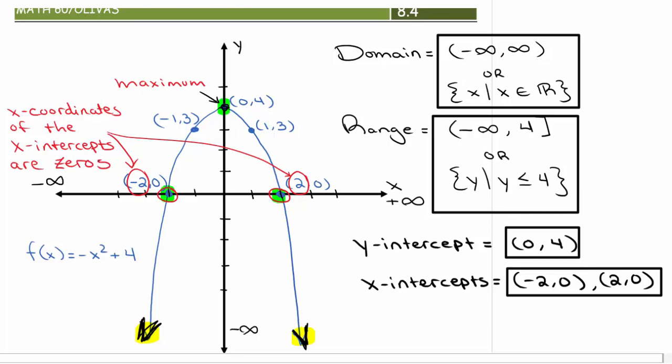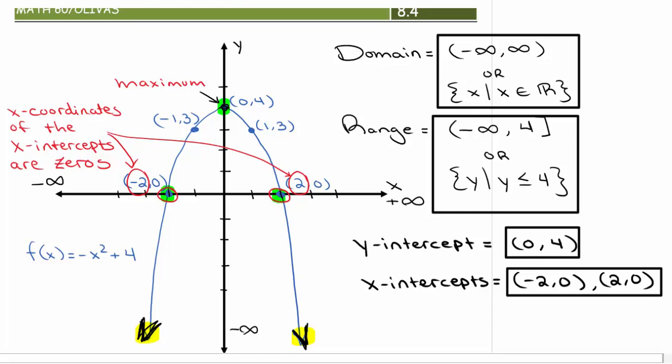Now I know that -2 and 2 aren't really 0, but what they do is they produce zeros when you substitute them into the function. That's why we call them zeros. A number doesn't have to be 0 to be a zero. It's a number that will make y equal 0 once you substitute it in for x. That's what we're going to call the zeros.